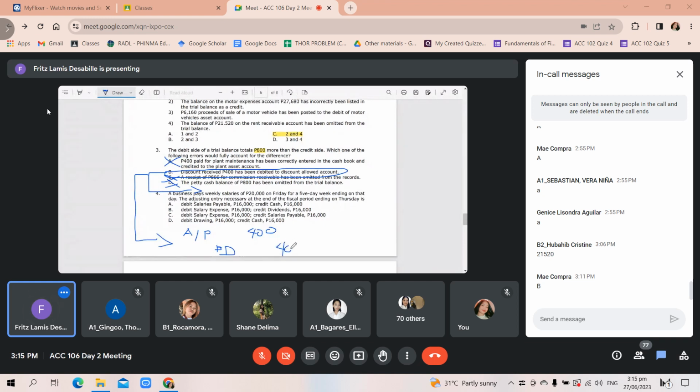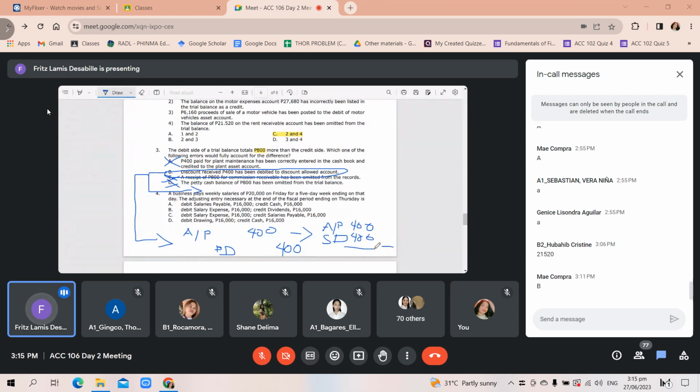Pero ang gihimo diri nga entry sa letter B kay discount received, gihimo kay accounts payable nya gidebit na pod og sales discount o discount allowed man nya walay credit.